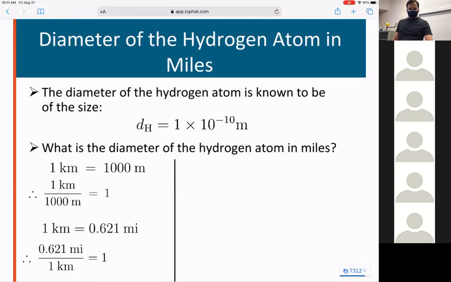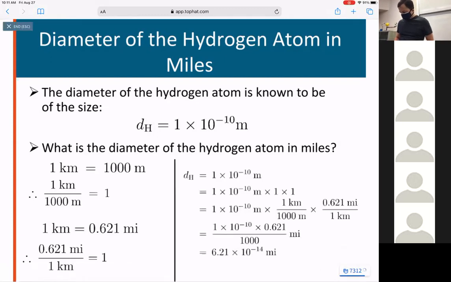Someone else in the chat also has that answer. Okay, we got 3 people, 4 people. I actually don't remember the answer, so let's see what it is. Yes, it is in fact 6.21 times 10 to the minus 14.